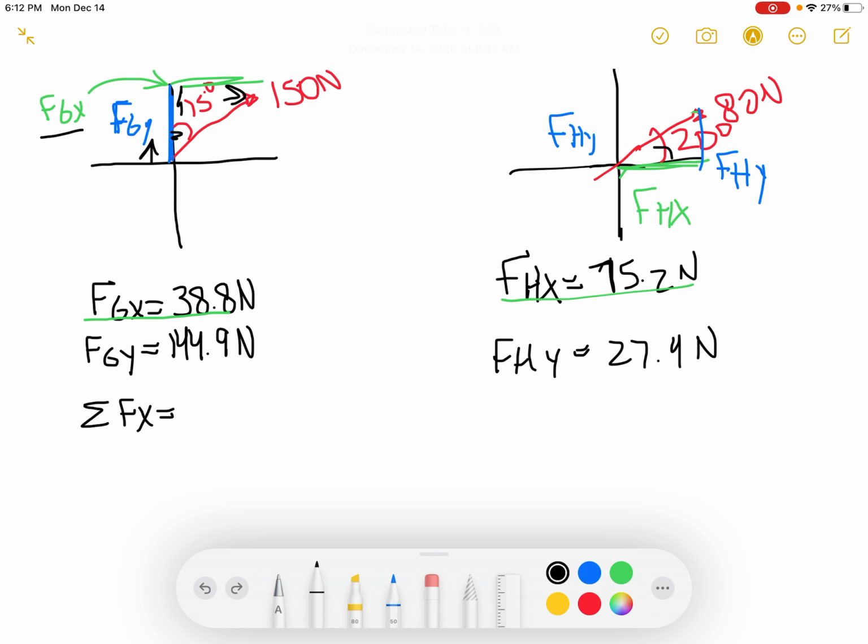So when we add 38.8 plus 75.2, we get 114 newtons. Now, sum of the y components, 144.9 plus 27.4, 172.3 newtons.